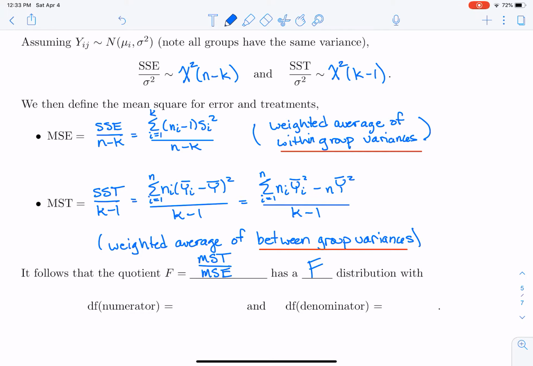Here the numerator degrees of freedom is k minus 1, the number of groups minus 1, and the denominator degrees of freedom is n minus k. So if you go back and look at where we introduced the F distribution, you will see that we had a quotient of chi-squares which each were divided by their own degrees of freedom.